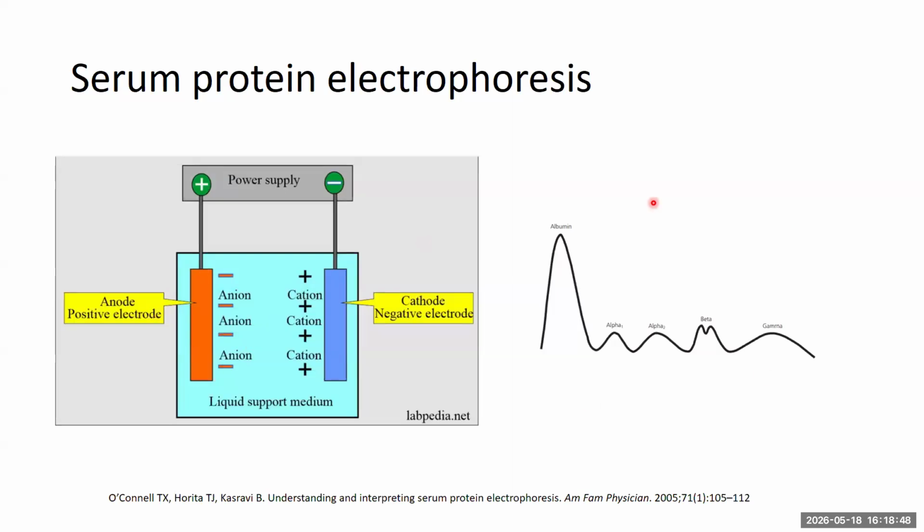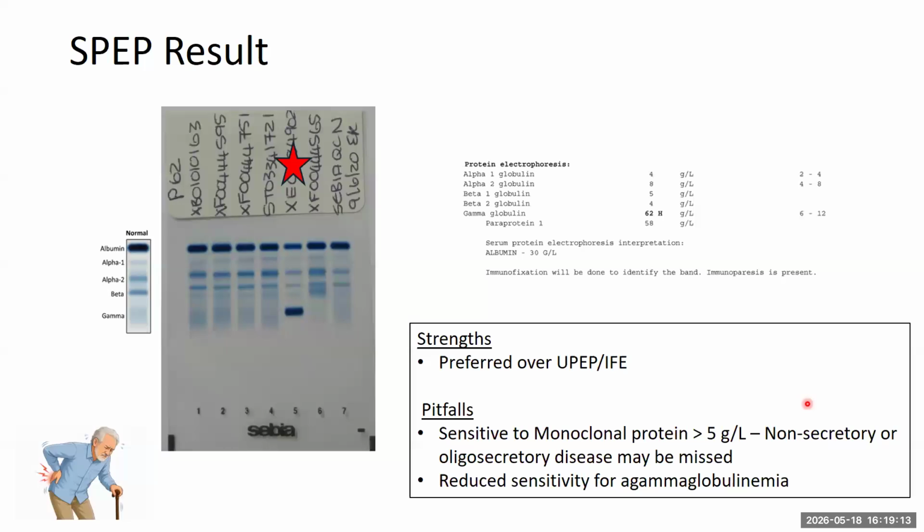This is what you expect, as the S-PEP will separate the proteins into 5 bands, with most of the proteins being distributed in the albumin band, followed by alpha-1, alpha-2, beta, and gamma, in which there's a much smaller fraction of the total serum component. So this is what we expect to find under normal circumstances.